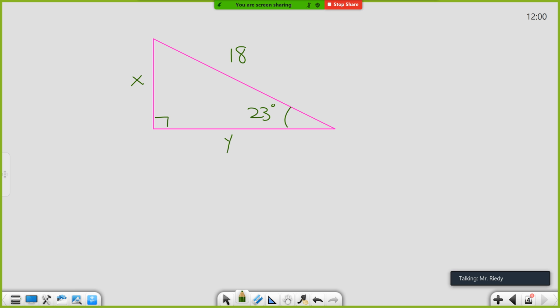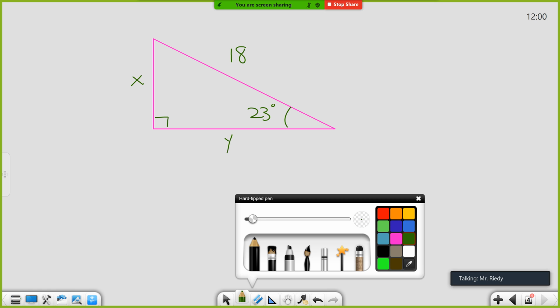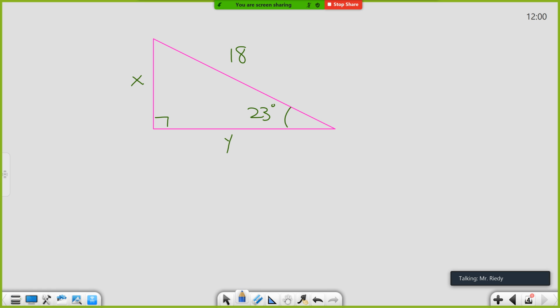Okay, we're back. Let's go. Ella, would you like to solve for x or y? Which one you feel better about? X. X, okay. So, tell me what equation you set up to solve for x.